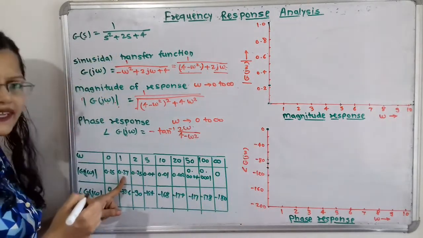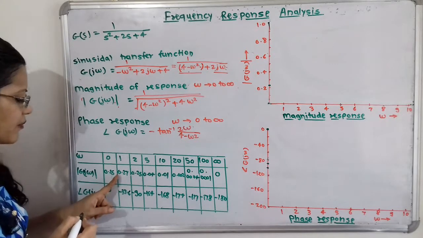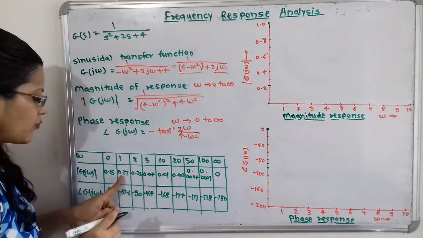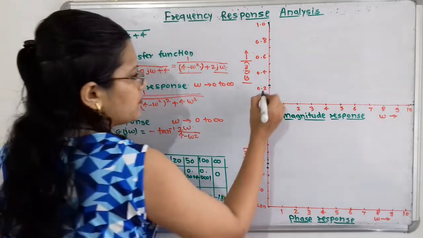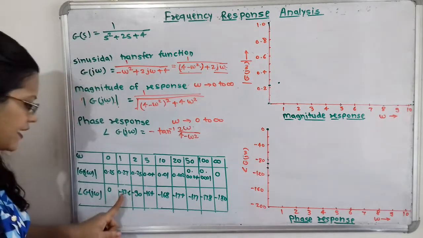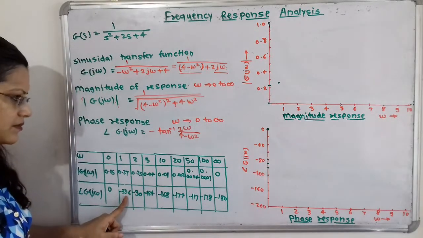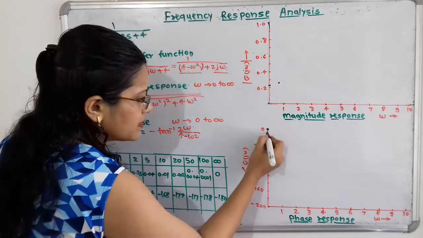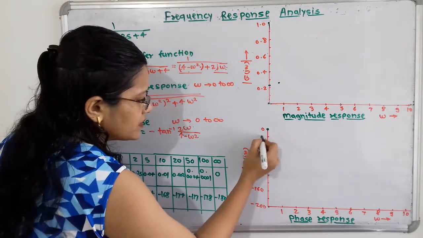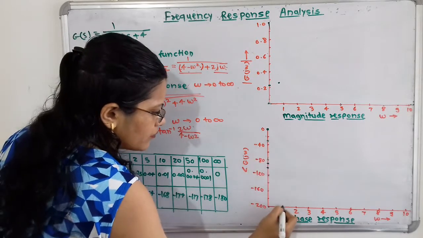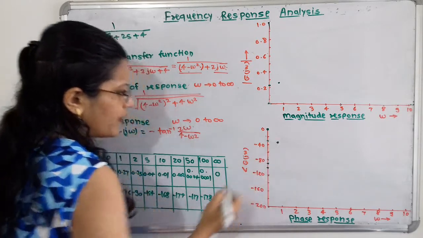Then when omega is equal to 1, the modulus is 0.27, so I will plot it here. And the angle is minus 33. Minus 33 angle is in between 0, here is minus 20 and here is minus 40. So somewhere here we have to plot one point.